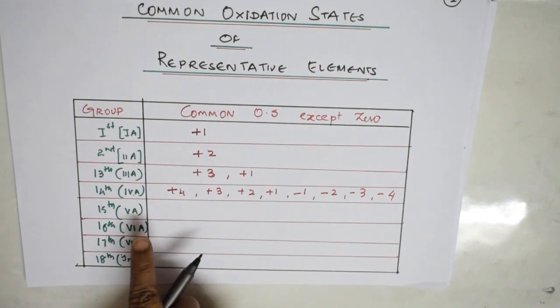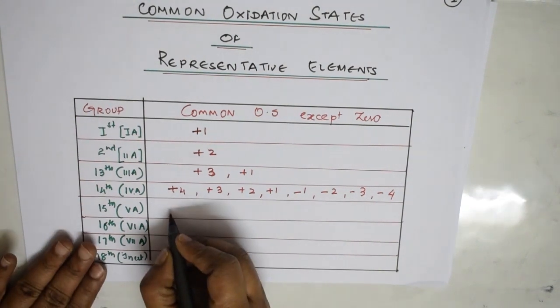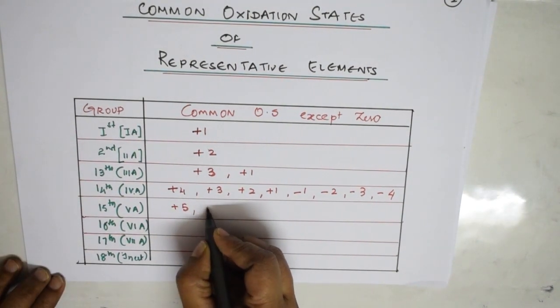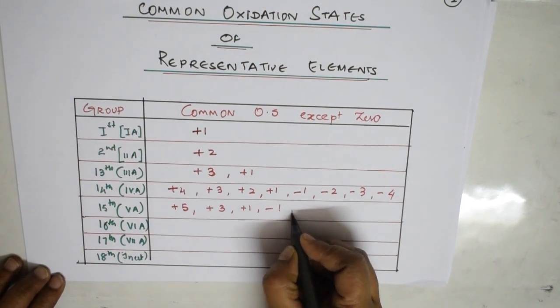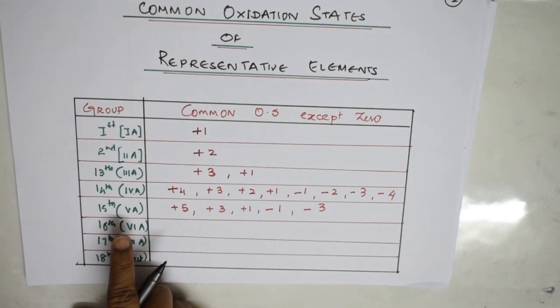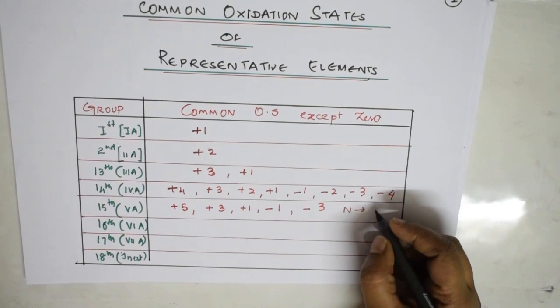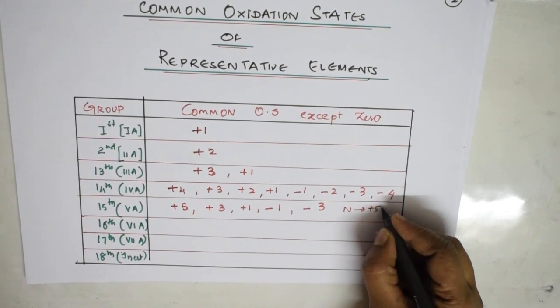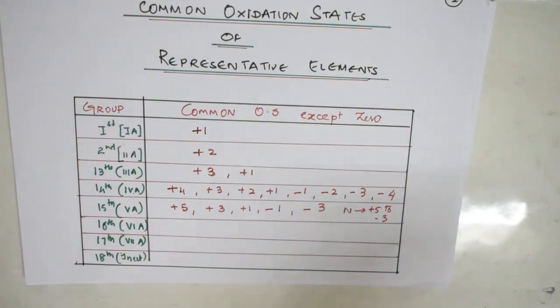If I go to the 15th group, or the 5th group, the oxidation states are +5, +3, +1, -1, -3. Nitrogen is here. Nitrogen shows oxidation states from +5 to -3. Remember, in some cases like N3H, it shows fractional oxidation numbers.